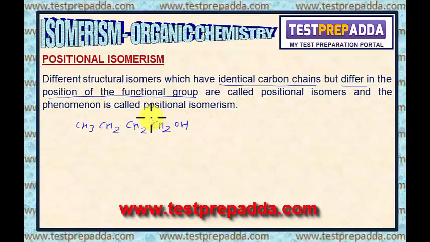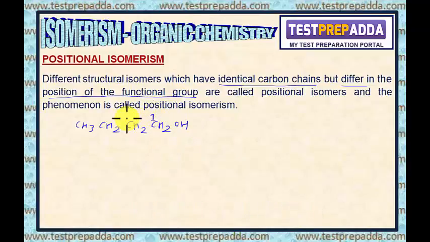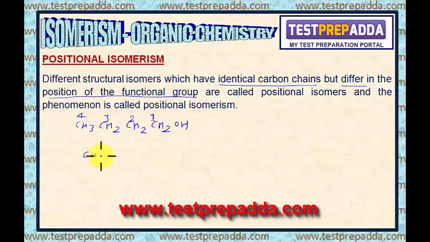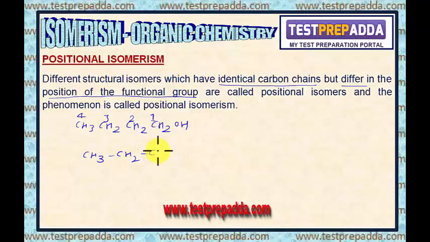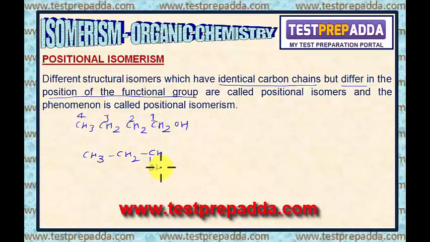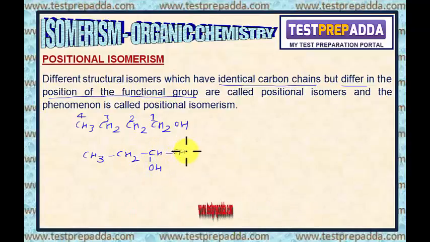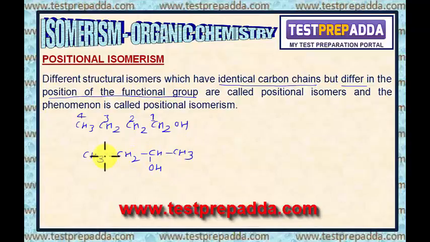Now here you can see the OH, that is the functional group, is attached with carbon 1. If I write another compound where I attach this OH at the second, the molecular composition will remain same.